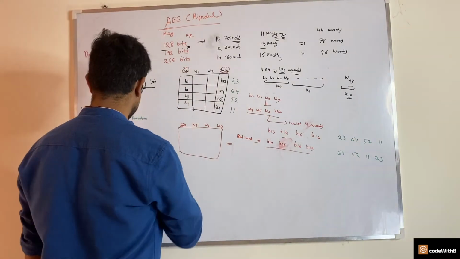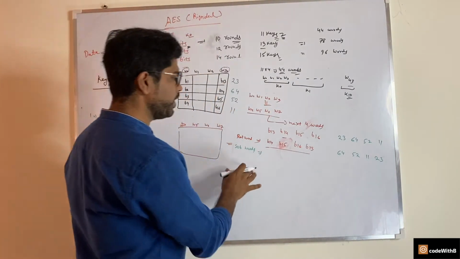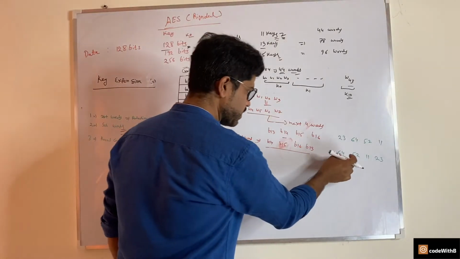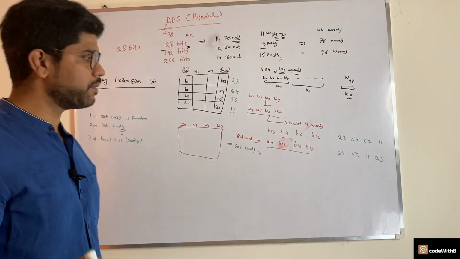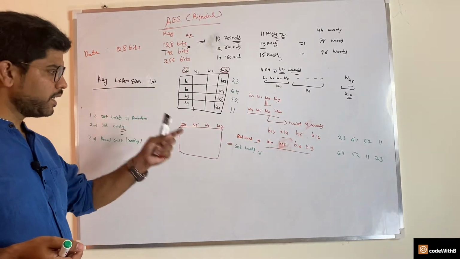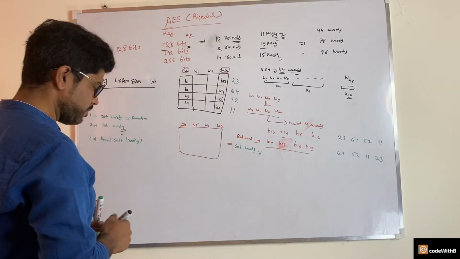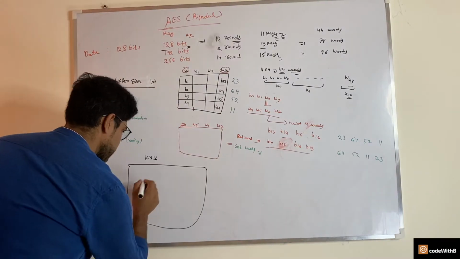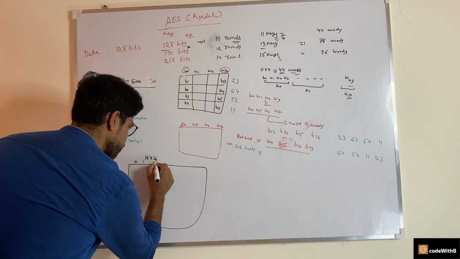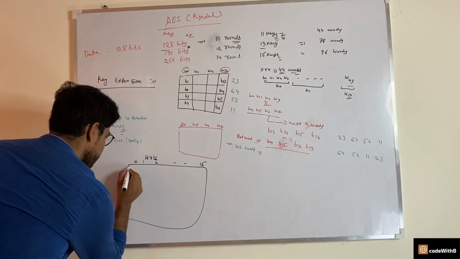Then the second step is the subwords. Here we have to substitute all of these values from a lookup table. The same matrix that we used in our rounds will be used here as well. So we have a 16 cross 16 matrix, 0, 1, 2 up to 15.